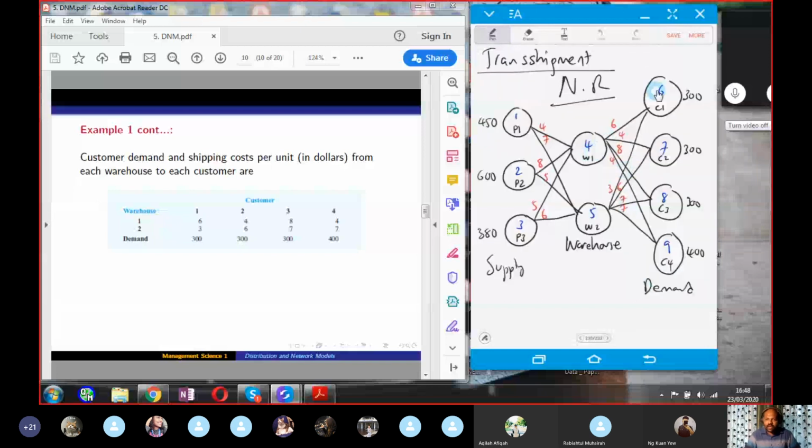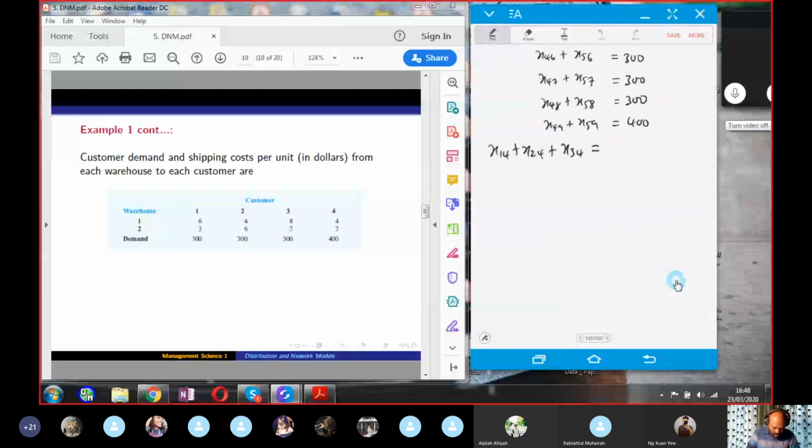So that is x46 plus x47 plus x48 plus x49. Okay, whatever goes in must be equal to whatever comes out. Same goes to warehouse 2.